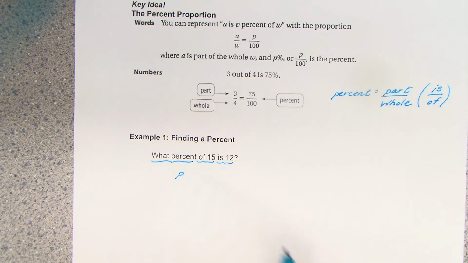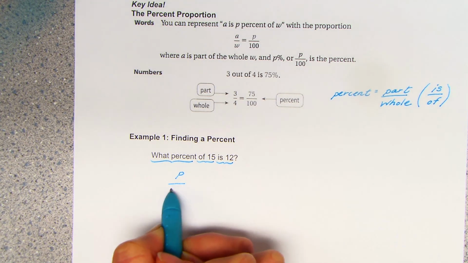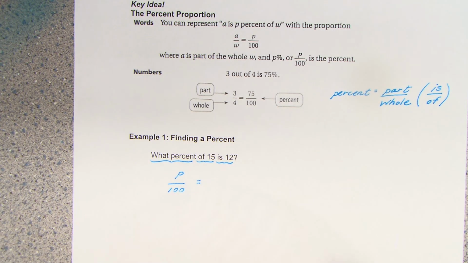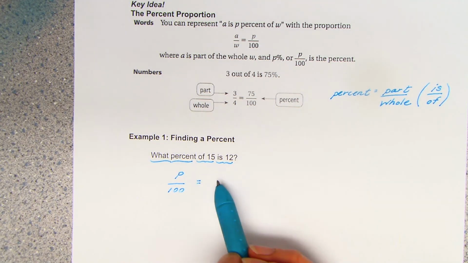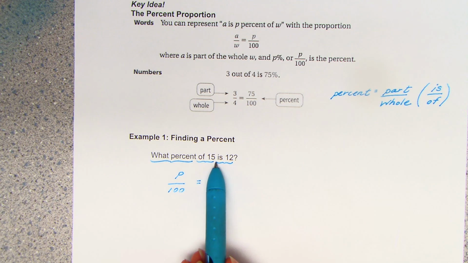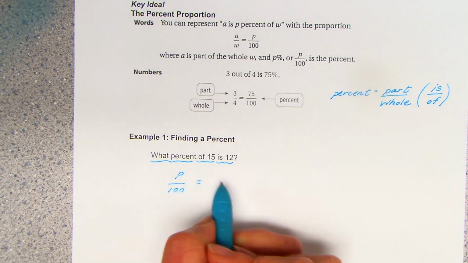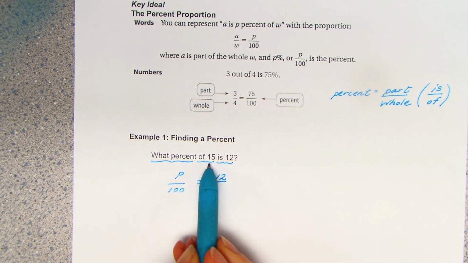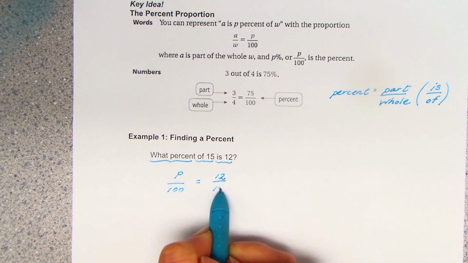So I'm going to call P the percent over 100 equals, and now I need part over whole. When I use the little is over of trick, I see that the number 12 is closest to the "is," so that's the part. And the number 15 is closest to the word "of," so that's the whole.